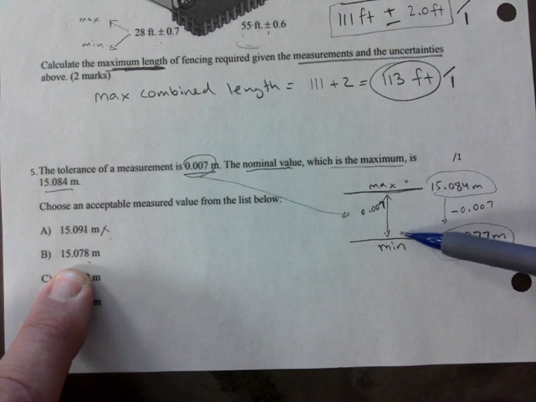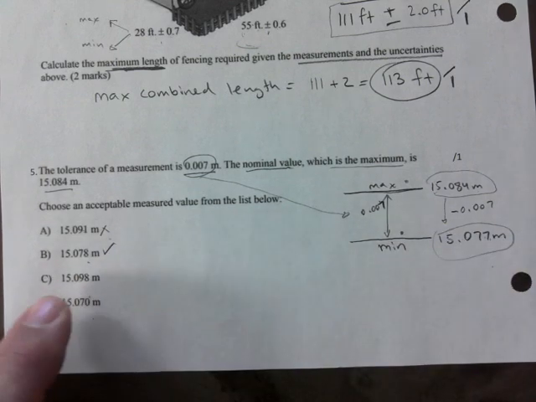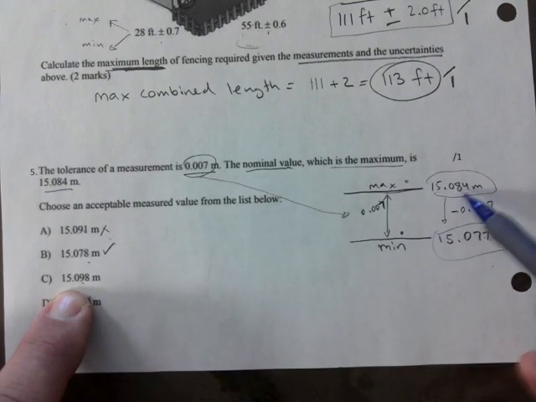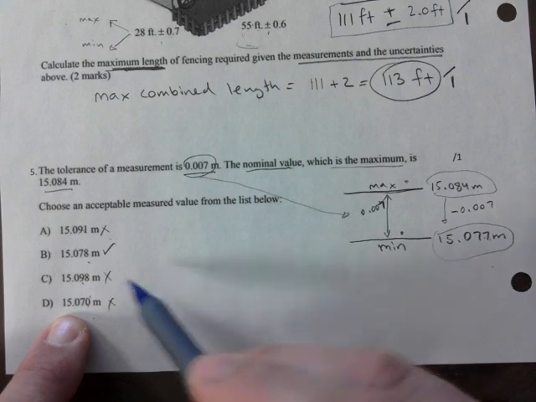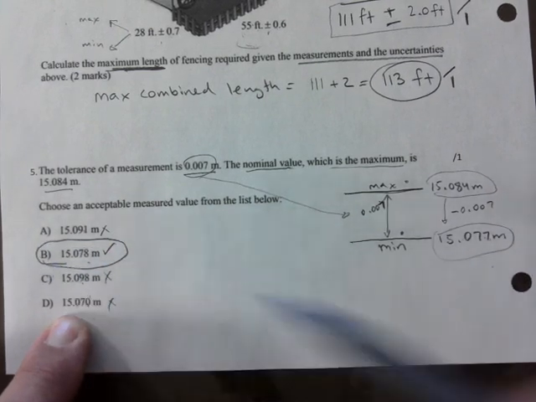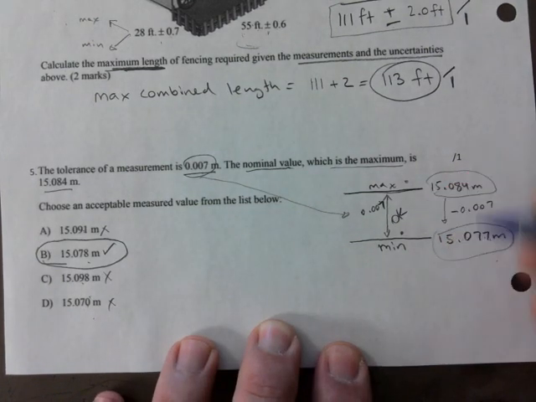It's actually here. This one is good. This one actually meets the criteria. This one is too big, and this one is too small. So this is the only one that applies in this particular case. Everything in here is okay, and everything outside is not okay.